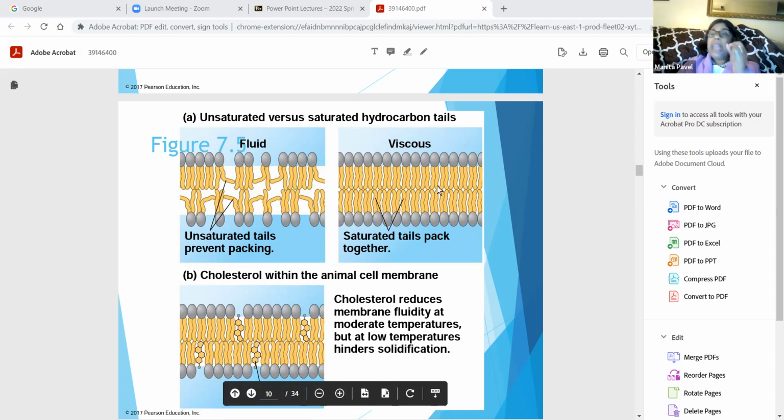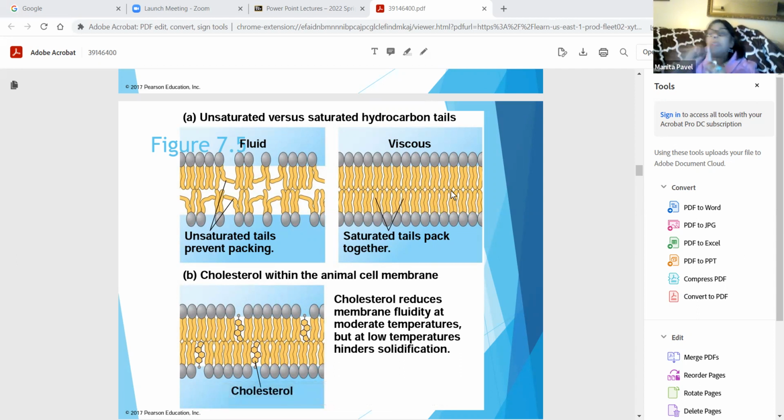But saturated fats, which are solid at room temperature, are very thick, viscous and dense, and therefore there is tight packing of the phospholipid tails, preventing the movement of molecules. It does not allow the molecules to move easily.